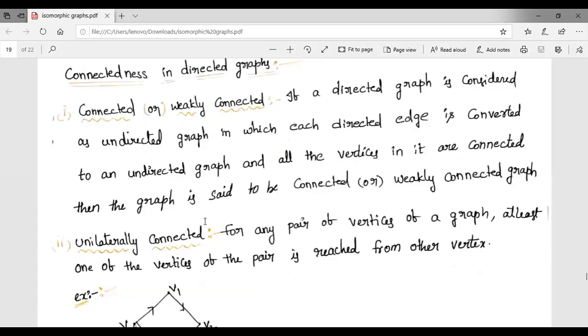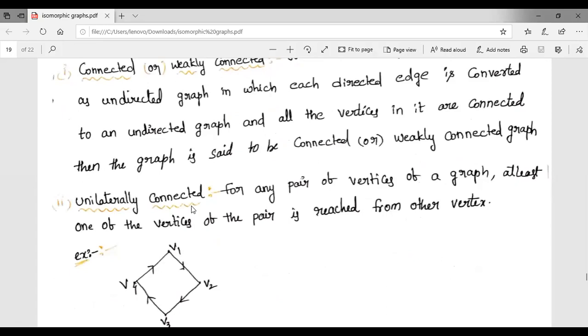Next one, unilaterally connected. For any pair of vertices of a graph, at least one of the vertices of the pair is reached from the other vertex.